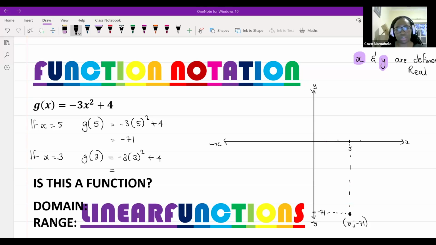That would give us -23, right? So when x is 3, our y value would be -23. We'll just put it somewhere over there, -23. Then we've got to see where they correspond. They would meet there.